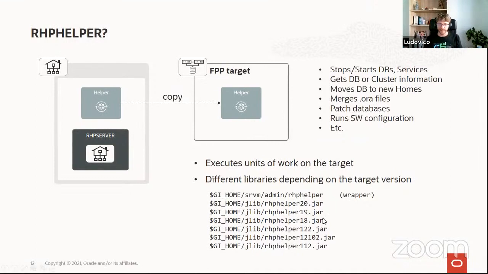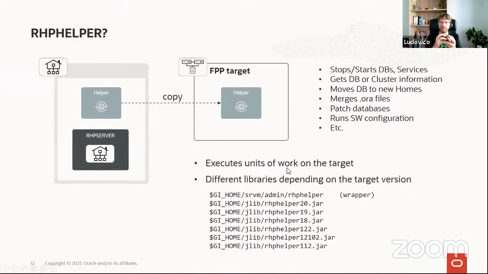There is a wrapper that points to different libraries. We have one library per version. So depending on the target version, FPP will take the library, copy this library to the target, and ask this library to execute a specific unit of work. The unit of work might be: stop the instances, relocate the services, start the instances, give me the information about the databases, what are the database names, unique names, Oracle homes, information like that.